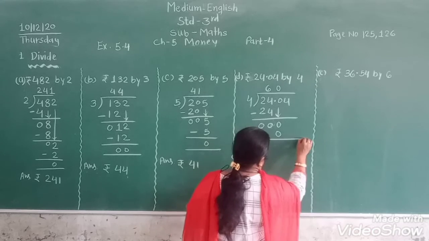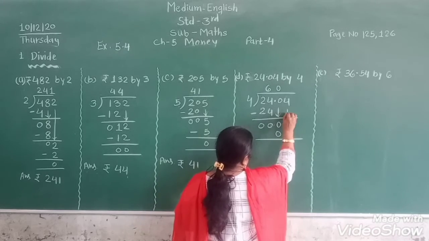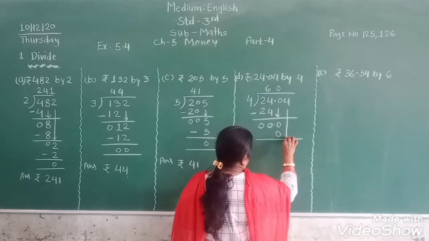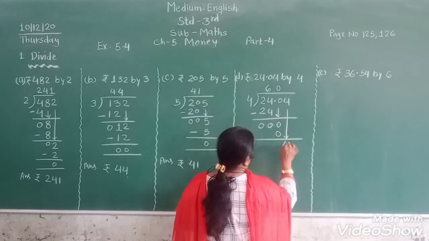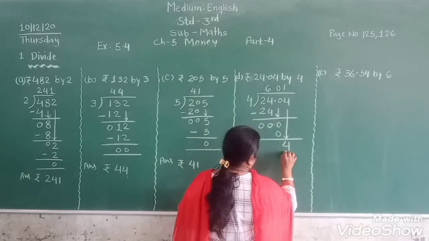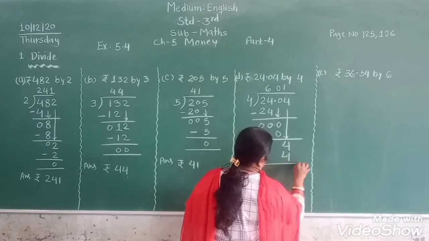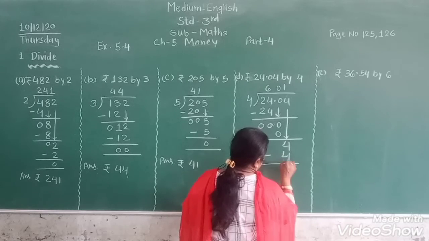Now bring down 4. 4 ones are 4. 4 minus 4, 0. Okay.